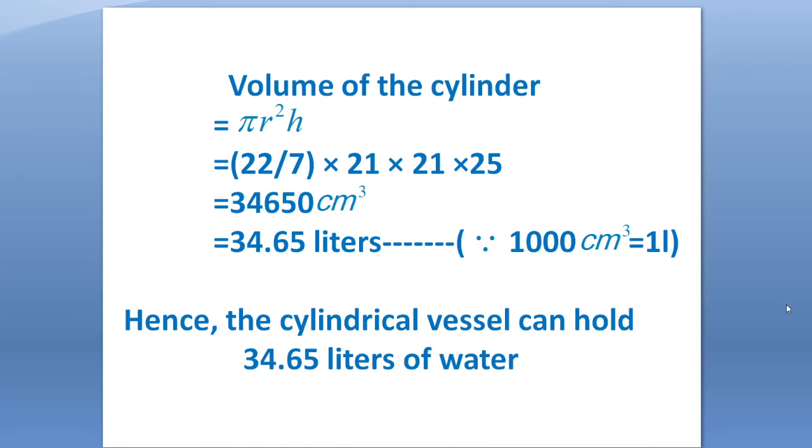So it is equal to 34,650 centimeter cube, and in liter, divided by 1000, because we know that 1000 centimeter cube is equal to 1 liter. So it is equal to 34.65 liters. Hence the cylinder vessel can hold 34.65 liters of water.